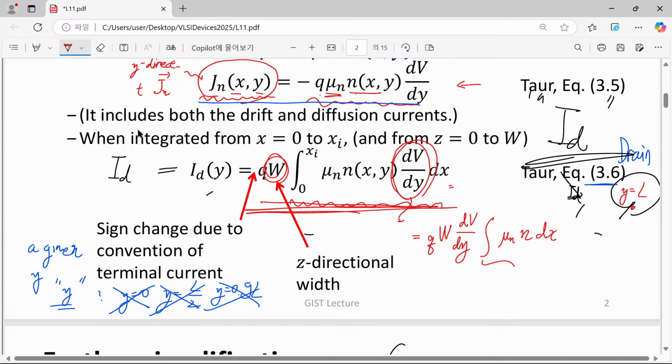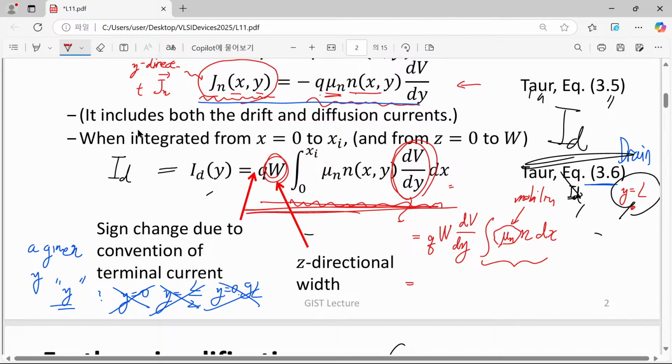Then here we have introduced another simplification. This is also important. Here we have the quantity called mobility, and unfortunately this mobility itself is a position dependent quantity. Yes, it's true. It is actually a very sensitive function of position.